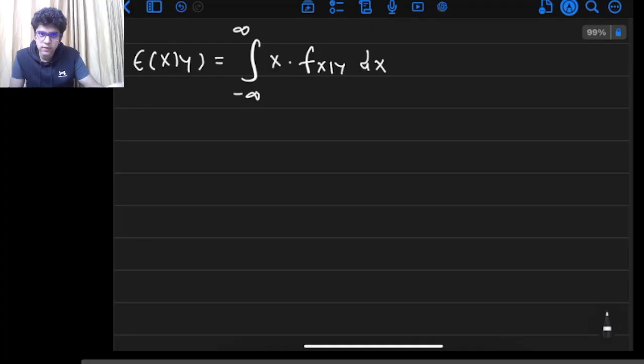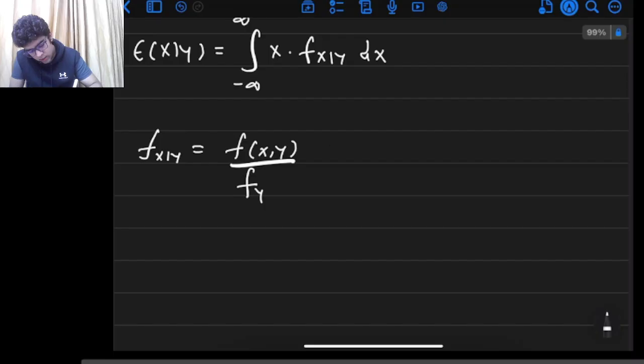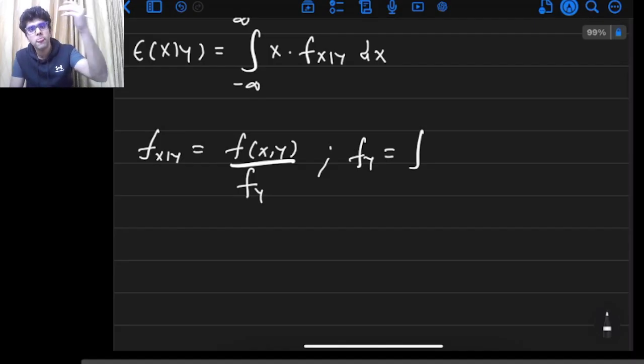For solving this, like in the previous question, first we need to find f(x|y), which is f(x,y) divided by f(y). The formula for f(y): take the joint probability function given to us and integrate it over the limits of x, because we are finding the marginal distribution of y.